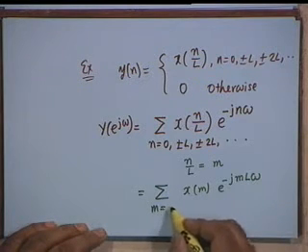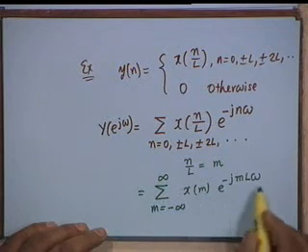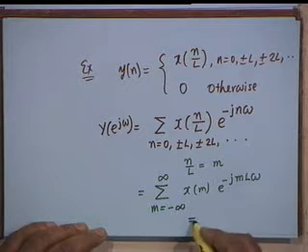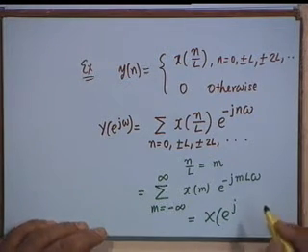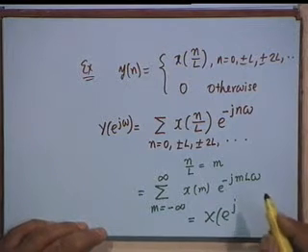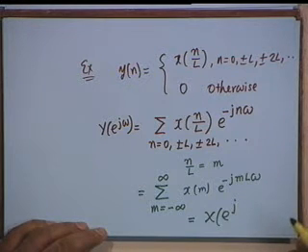M goes from minus infinity to plus infinity, and this fits our definition. This is simply equal to capital X of not e to the j omega, but e to the j L times omega. Isn't that right?